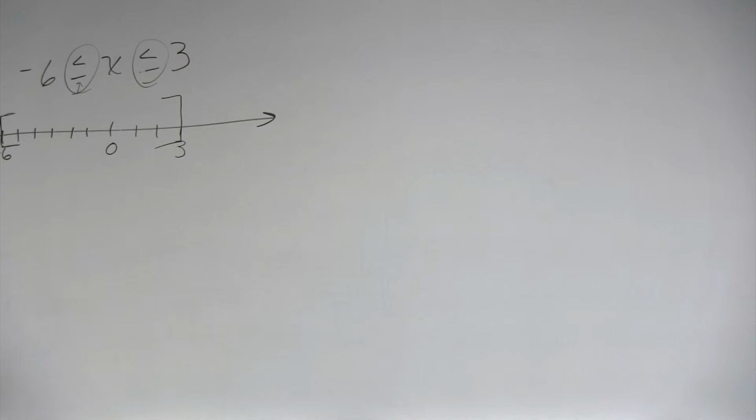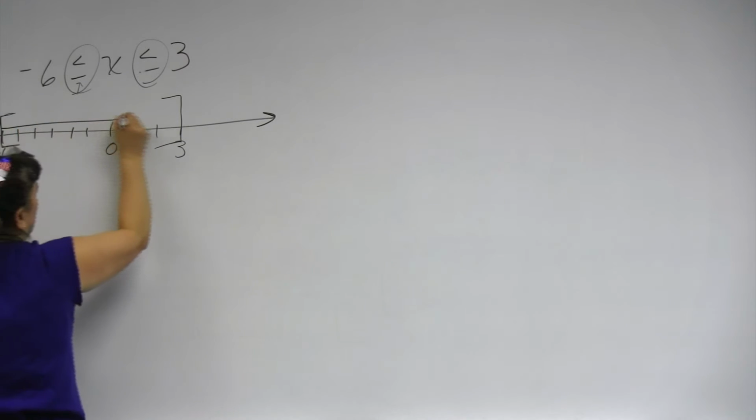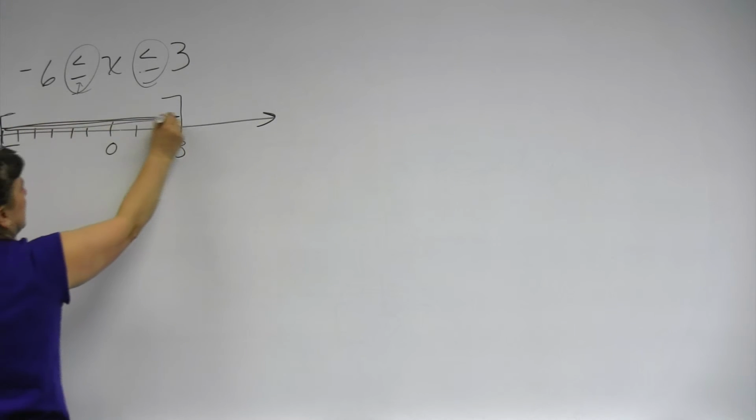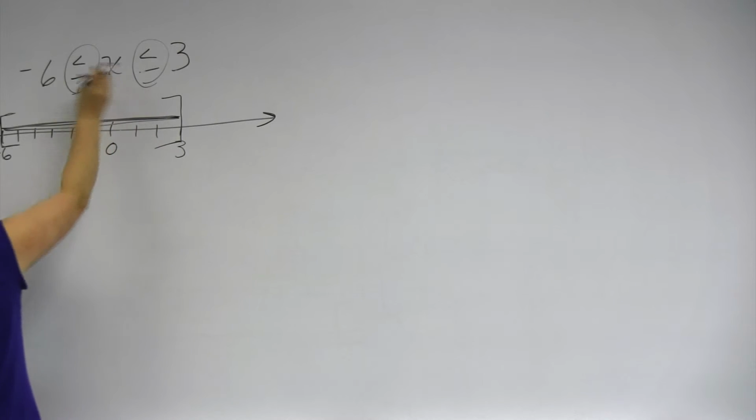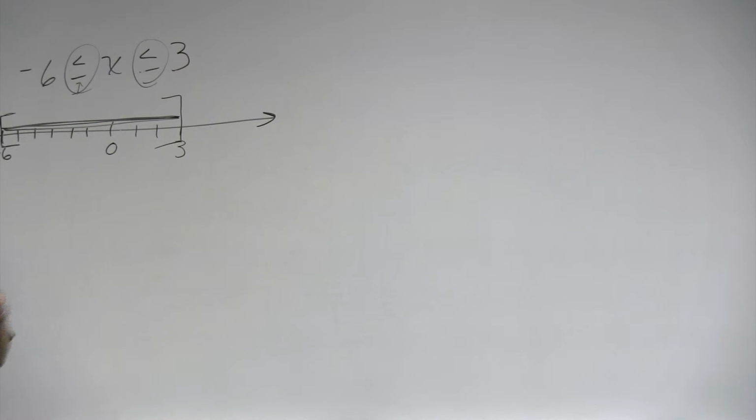Now, your solution is between these two numbers. I call this one a sandwich effect. Here's your bread, here's your bread, here's your peanut butter and jelly in the middle, because those numbers sandwich the solution. So anyway, that's a good one.